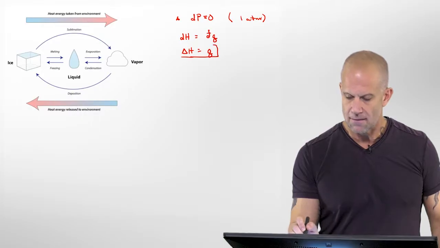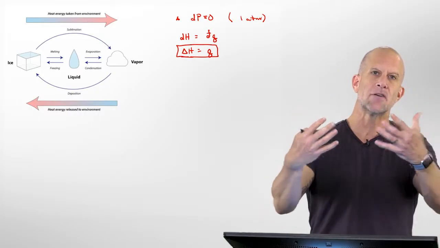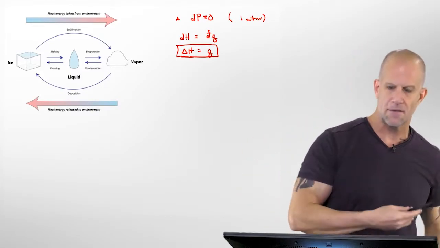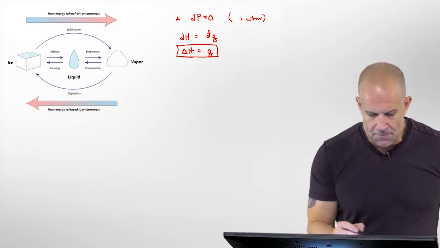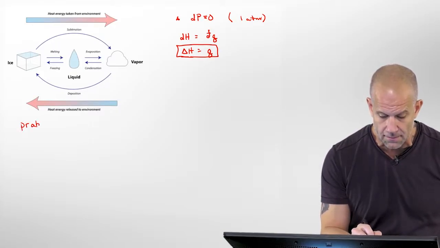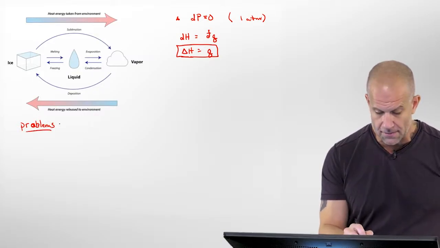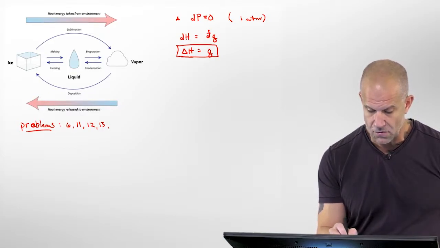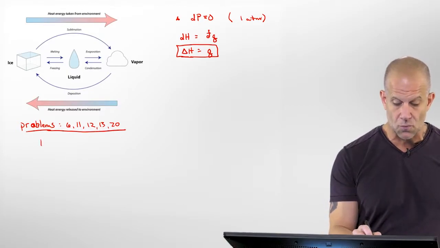And so without knowing anything about the molecular nature of heat, at the moment we can still associate it with this energy. And so a lot of the rest of the chapter after it introduces enthalpy shows how practical it is. And one of the first things, in fact, this is done in numerous problems. So in chapter 2, at the end of the chapter, problems number 6, 11, 12, 13, and 20 are all based on just water.